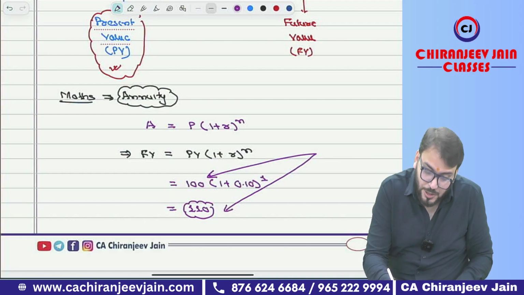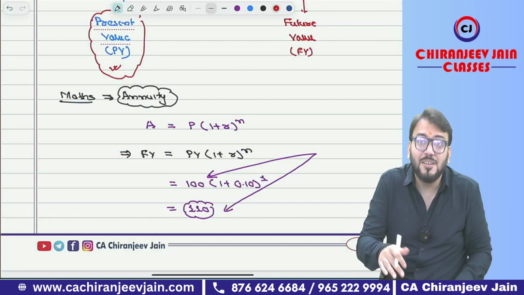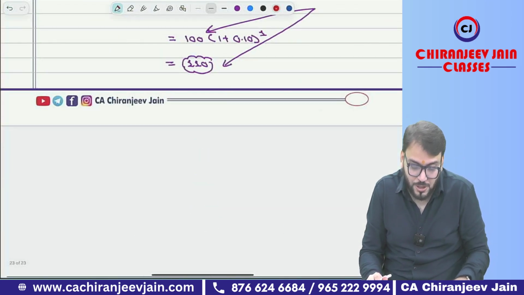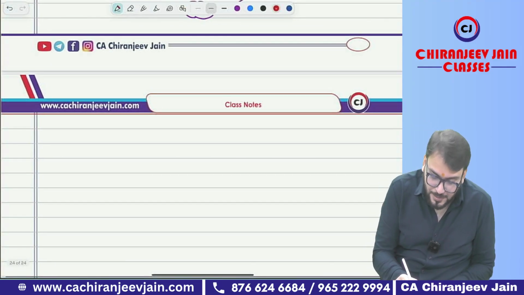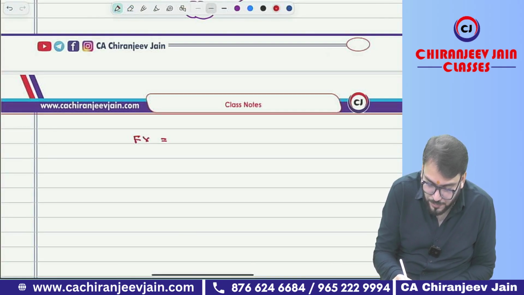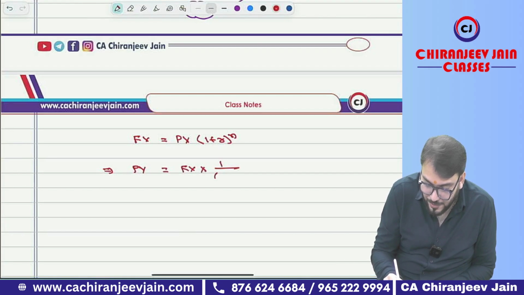Similarly, if you know future value, you can convert future value into present value. Let us see how, with the same formula. Future value is equal to present value into (1 plus r) to the power n. We'll say present value is equal to future value into 1 by (1 plus r) to the power n.